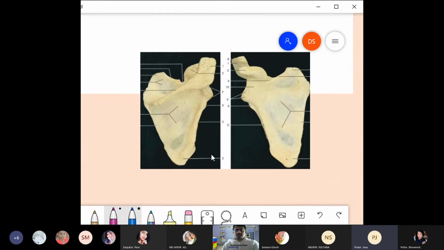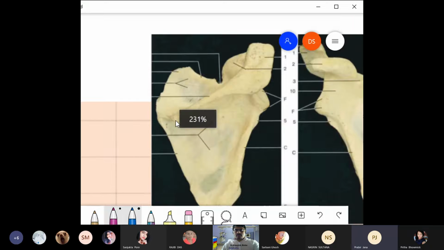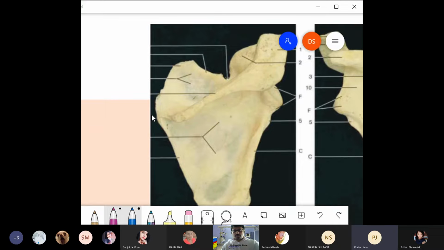So this is the scapula. One is from the posterior view. So this one, the first one, is the posterior view.